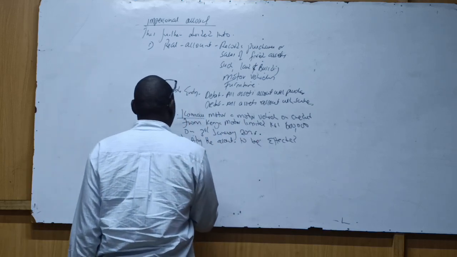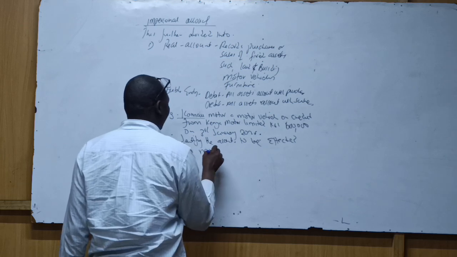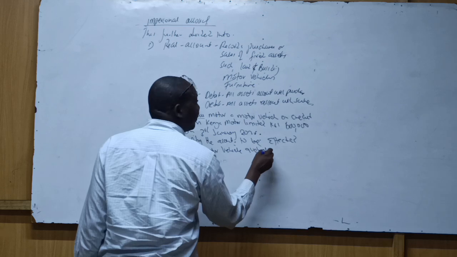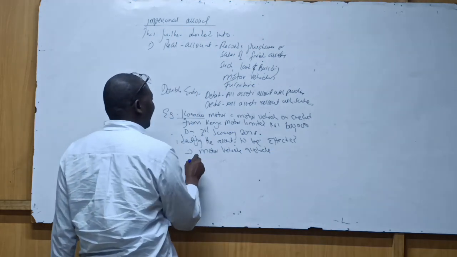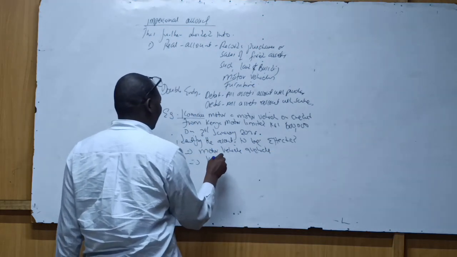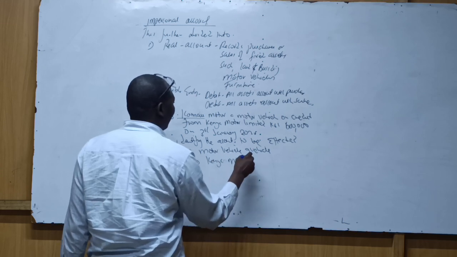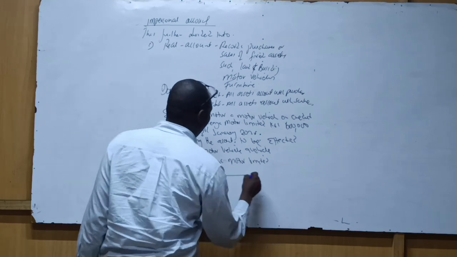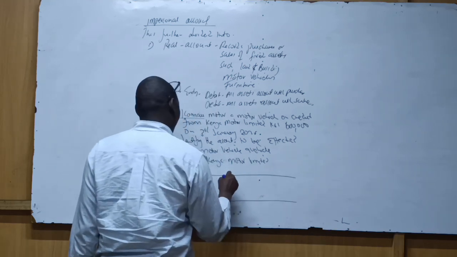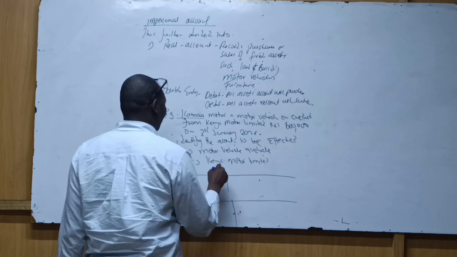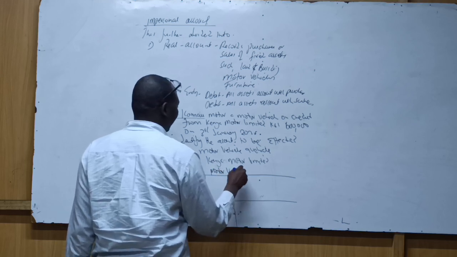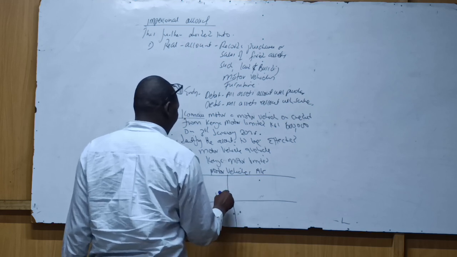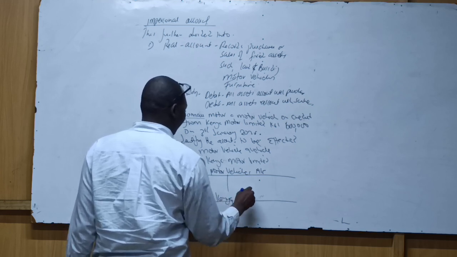There is a purchase of a motor vehicle, so we open the motor vehicles account, and the other account is Kenya Motor Limited, because the transaction was conducted on credit basis.